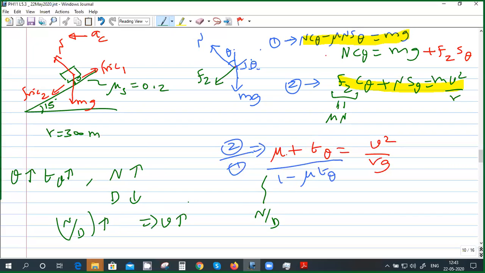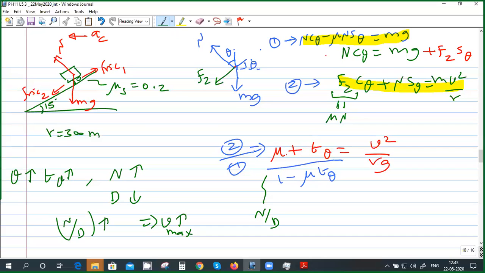Okay, so that means v is going to increase. The maximum speed with which the car will move without slipping will increase. So that's why the banking is required. If you have theta more, then the maximum speed with which the car can move will increase. Got it?